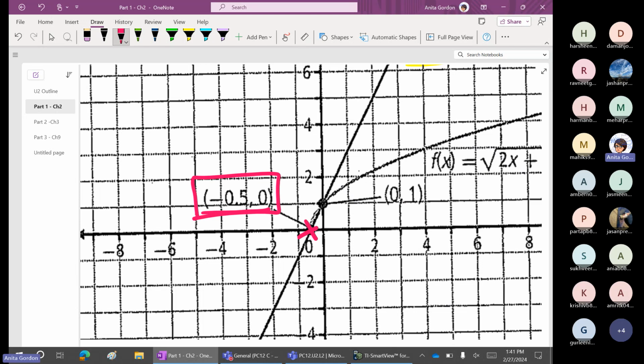When you have a y of 0, what do we call this? An x-intercept. Where is the next point? 0, 1. That is a y-intercept. So in this case, we have 2 intersections. They happen to be the x and y intercepts.